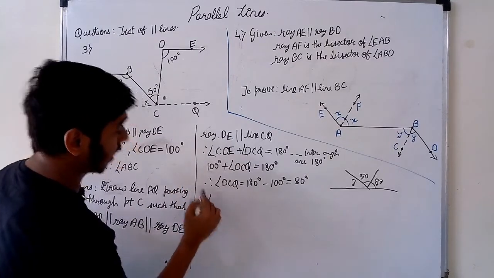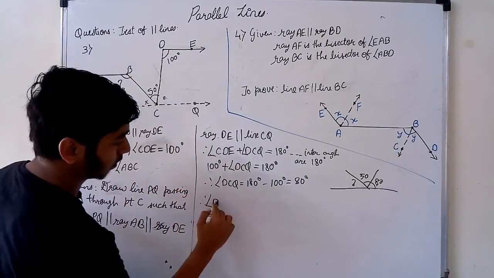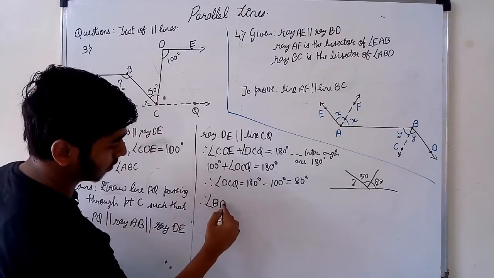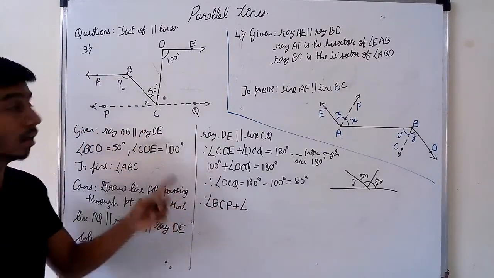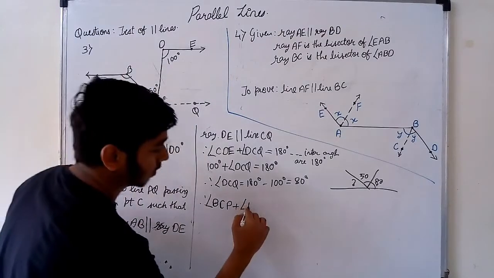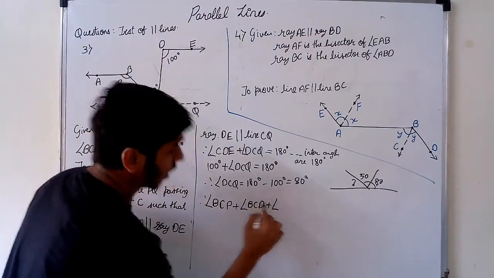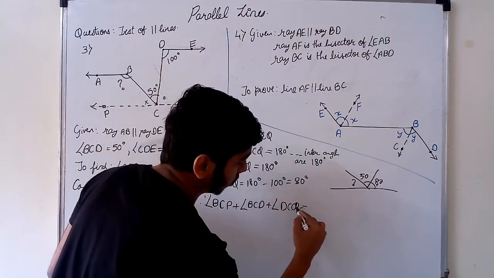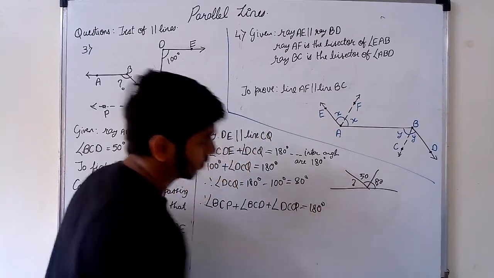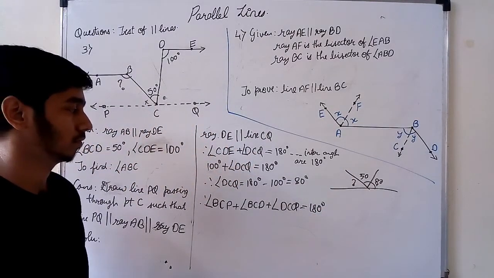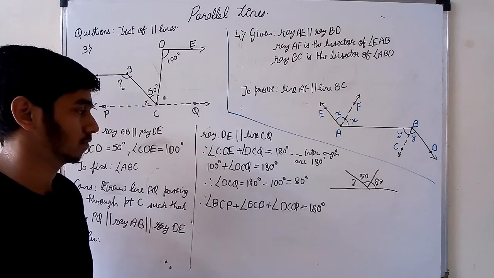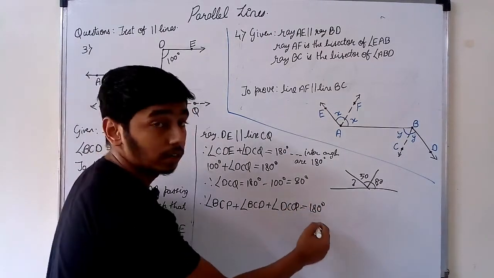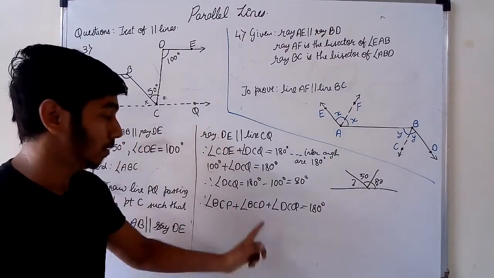Therefore we can say that angle BCP plus angle BCD plus angle DCQ equal to 180 degrees.